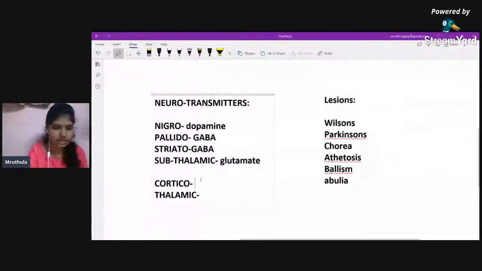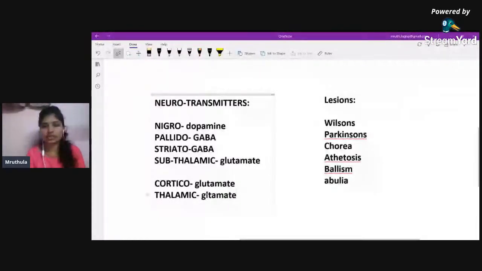Then the ones outside are cortico, which is glutamate, and the thalamus is also glutamate, right? So that's about the neurotransmitters. You need to keep this in mind. Before going for an exam, you can just revise these neurotransmitter names alone, so which part releases what.